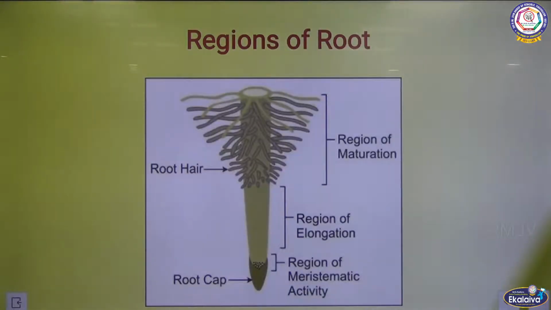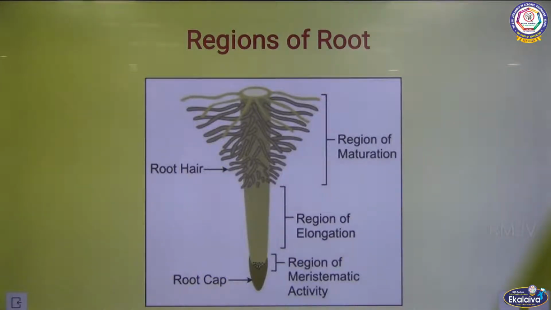Now, when we look into the regions of the root, you can see in the picture, at the bottom, the root tip, which is covered by parenchymatous cells called the root cap. This root cap is protective, and it protects the region above, which we call the meristematic region.